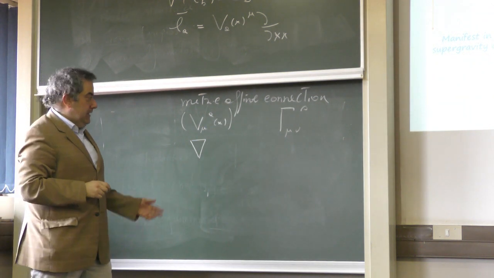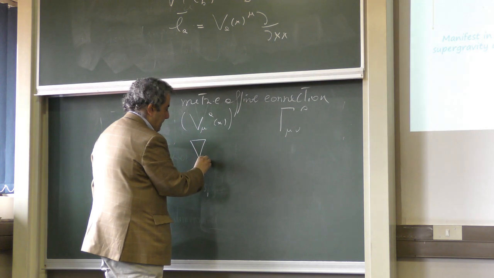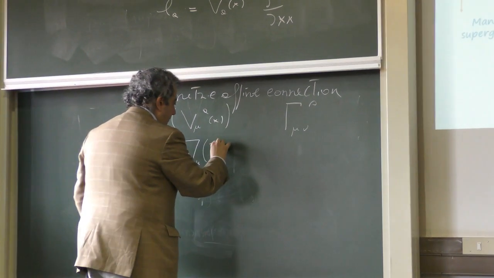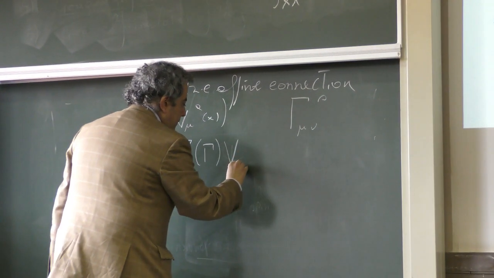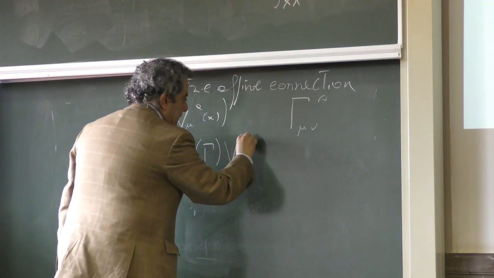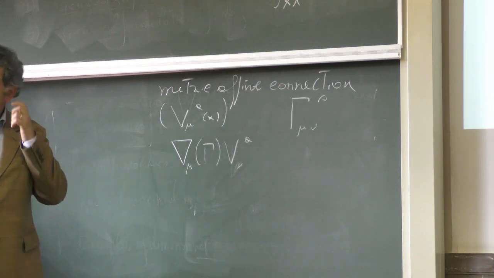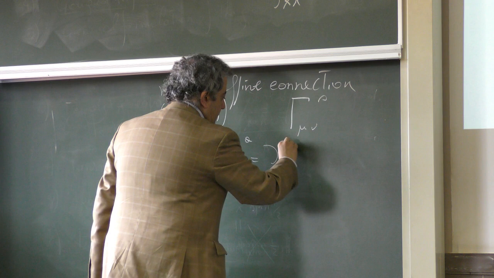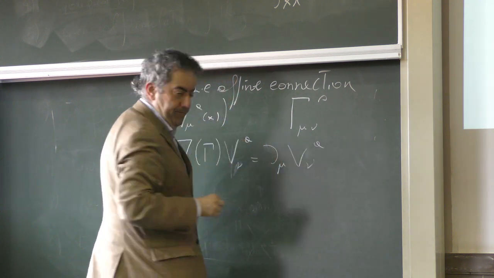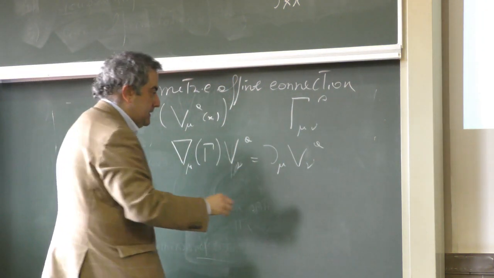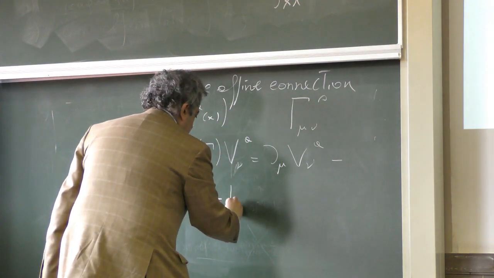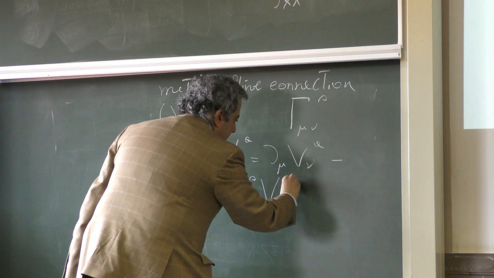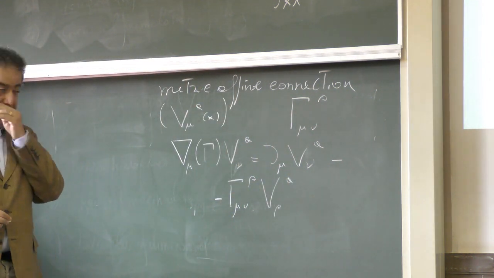Now we can apply the covariant derivative defined in terms of gamma to V_mu^A. That we can do. How is this defined? Well, this is d_mu V_nu^A minus gamma_mu nu^rho V_rho^A. Okay, this is the definition.